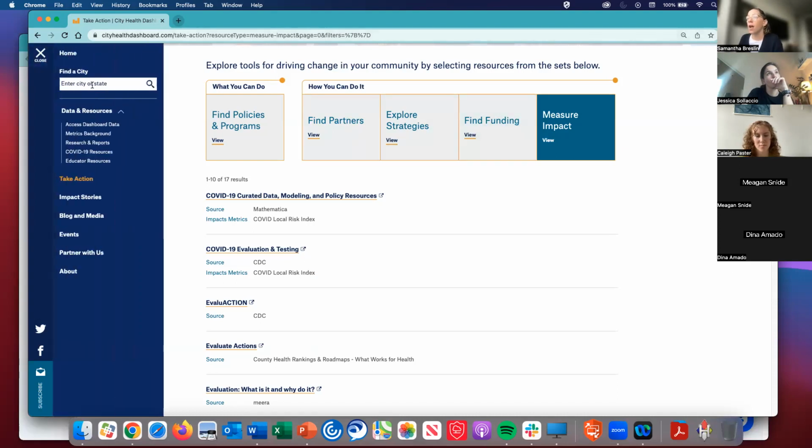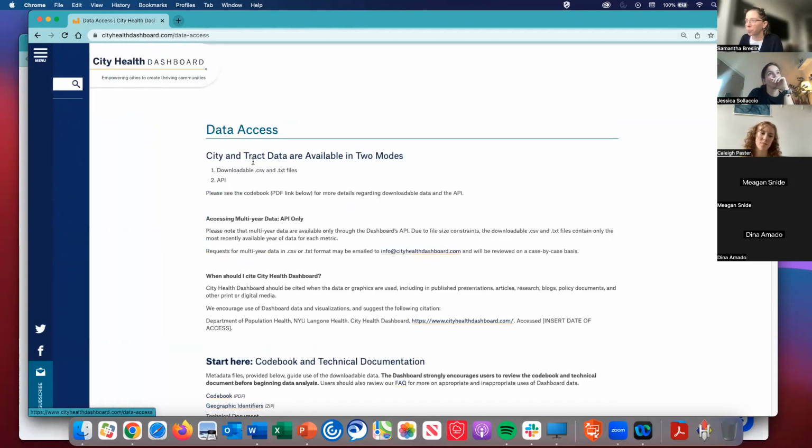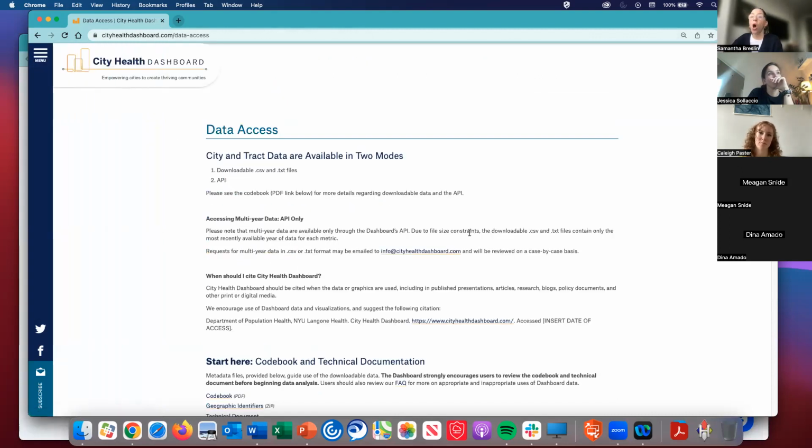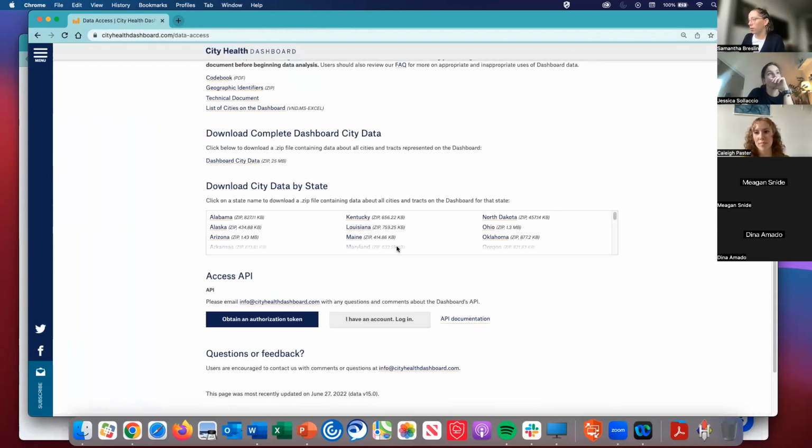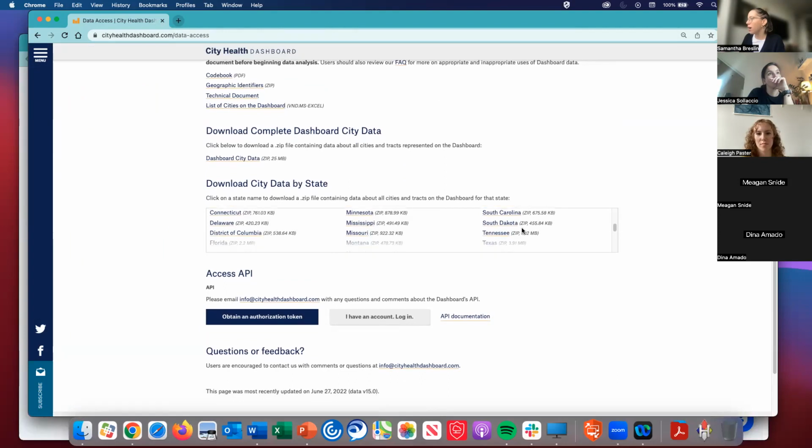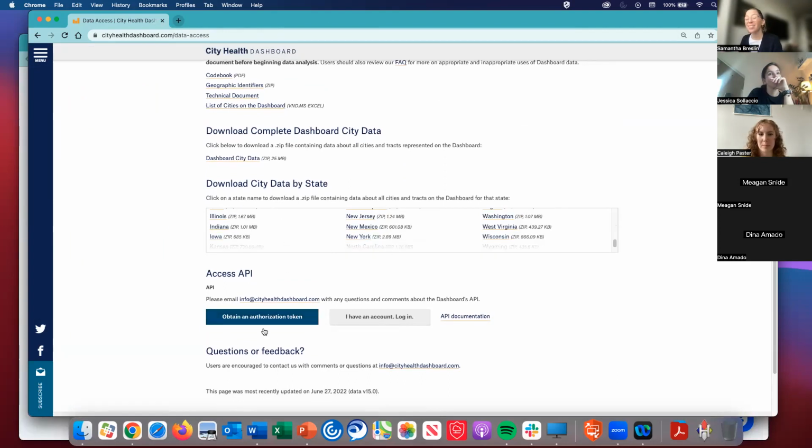Finally, I do want to draw your attention to our data access page. All of our data is totally free and accessible to download, either through CSV files in this box here, or, if you're a more experienced data user, we have an API where you can get larger amounts of data or more specific types of data.